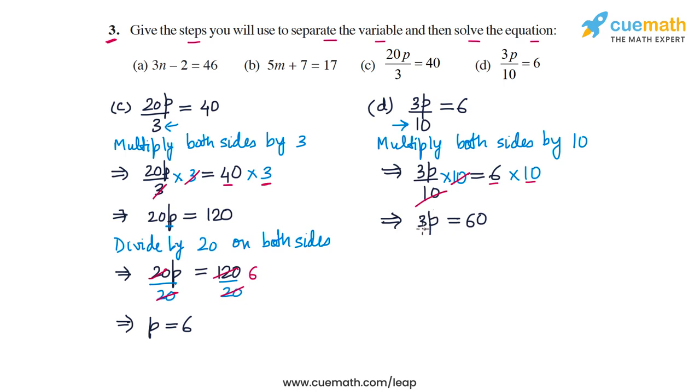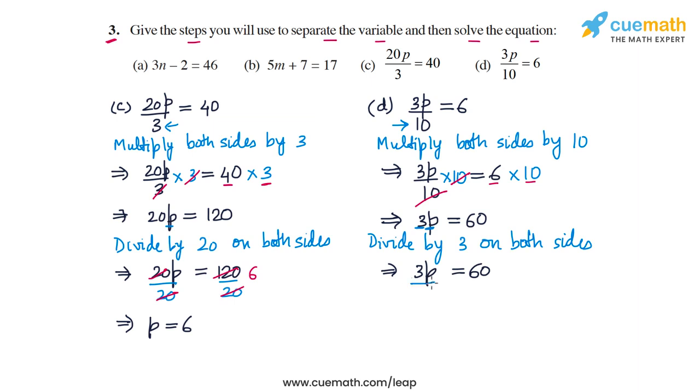Now we have 3p on the LHS. We have still not fully separated the variable. So to go from 3p to p, we will need to divide by 3 on both sides. This is our second step. So let's carry out this step. We have 3p on the LHS, we have 60 on the RHS.